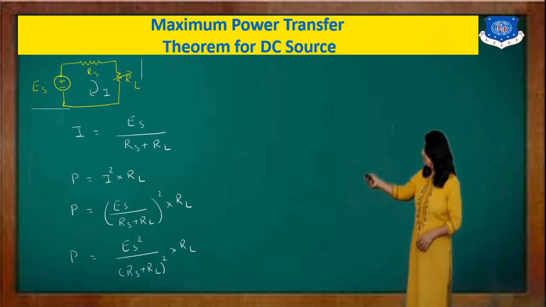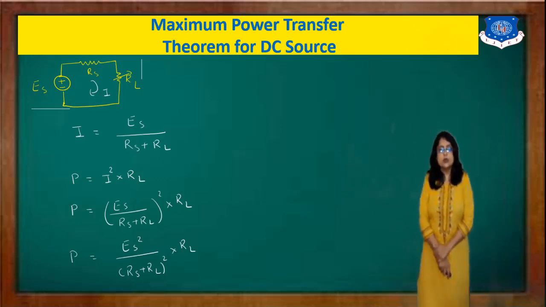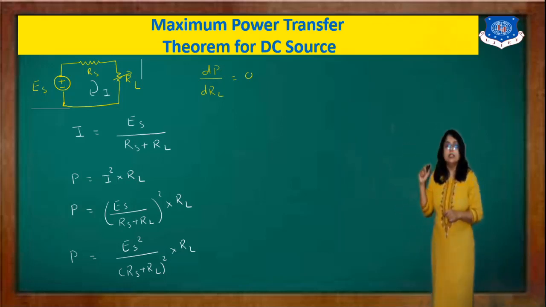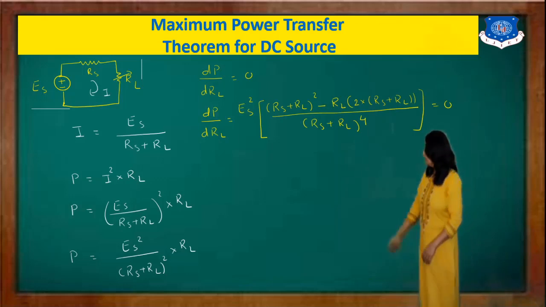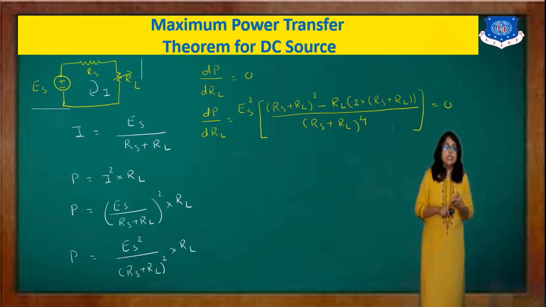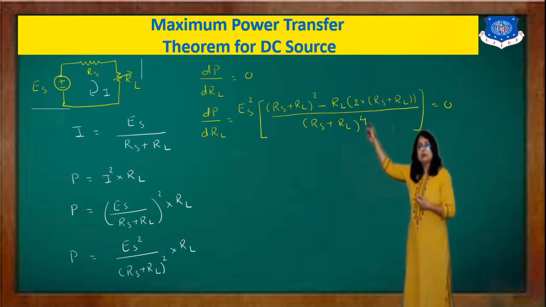Here, first of all, we simplified: ES square upon RS plus RL whole square into RL. We take the differentiation of the power with respect to load resistance, dP by dRL, and equate it with zero. In that equation, ES square is a constant, so I have written it out of the bracket.